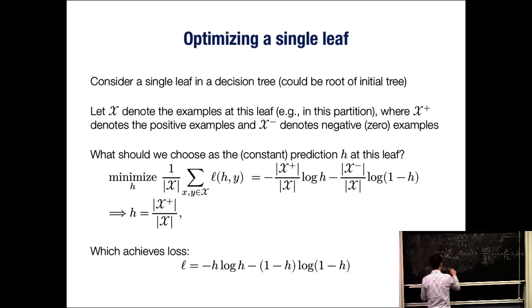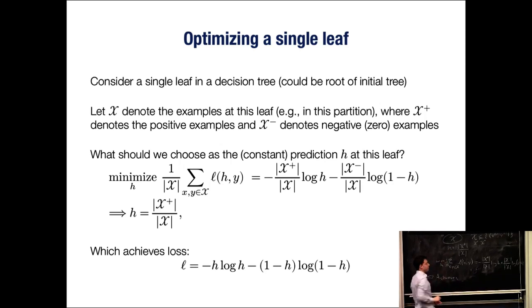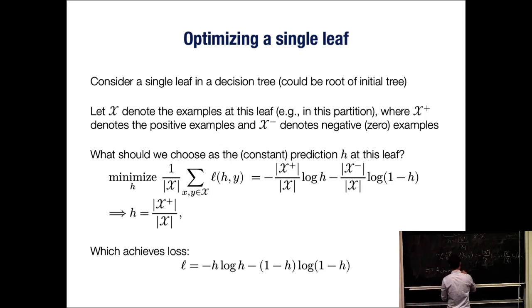So my hypothesis I predict is this value, but if I plug in this hypothesis to my loss function, the loss I actually suffer because of these examples here is just equal to, and I'm going to kind of overload notation here and call L also the total loss I suffer, negative h log h minus 1 minus h log 1 minus h. Okay, and that's just really, this is 1 minus h, this is h. I'm just plugging in my solution to what I get.